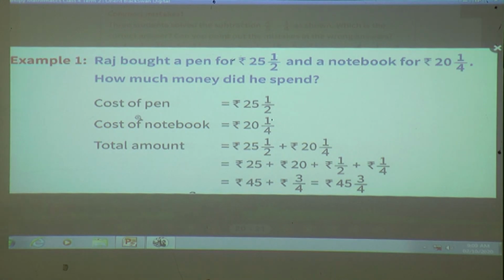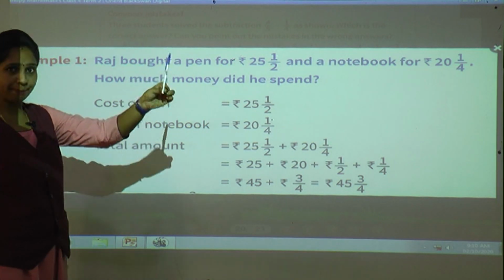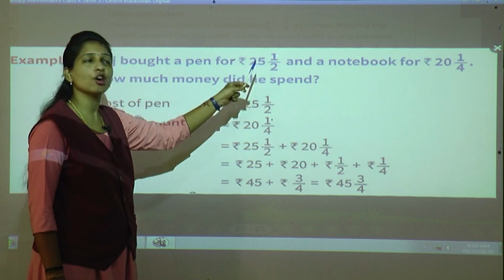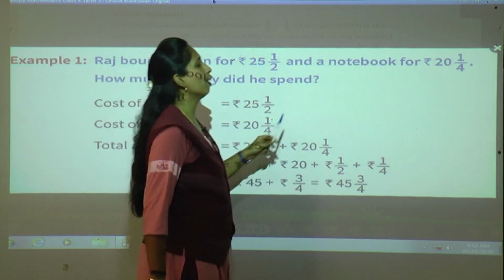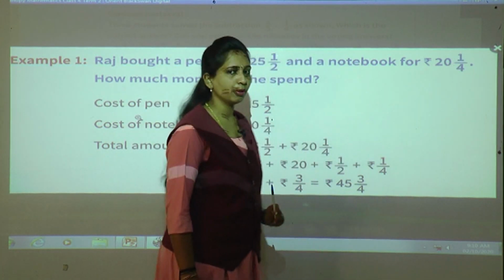So what are they saying? Raj, one boy, bought one pen for rupees 25 and a half. You can say half or 1 upon 2. And one notebook for 20 1 upon 4.